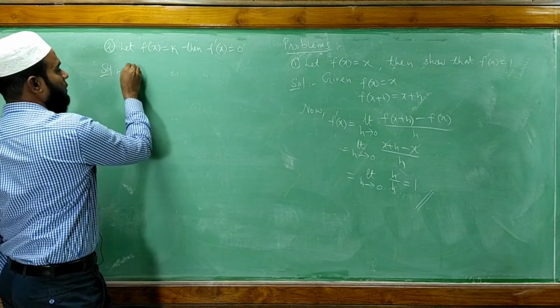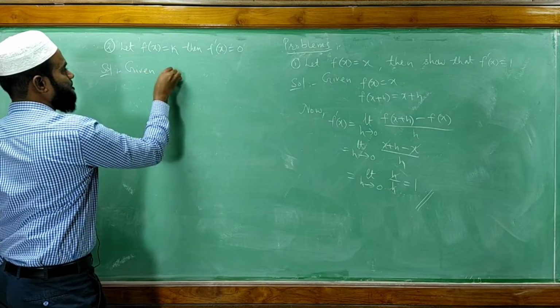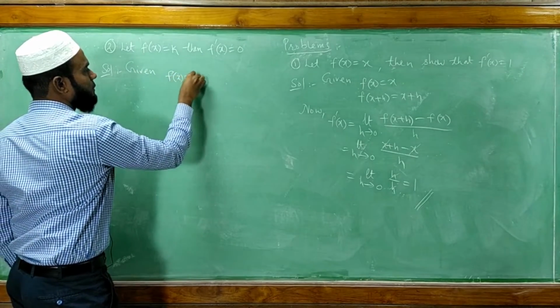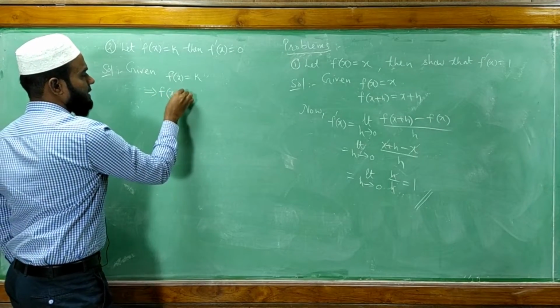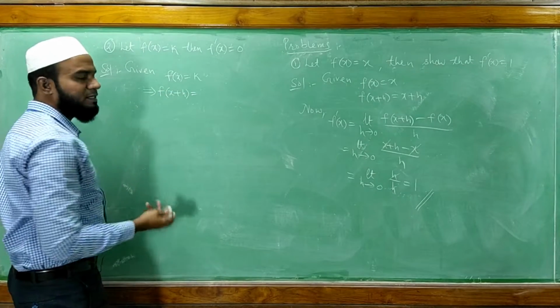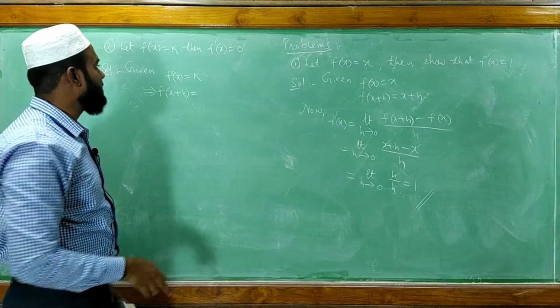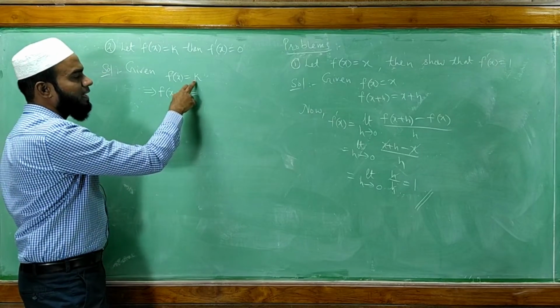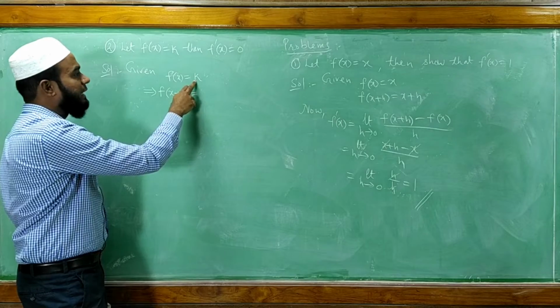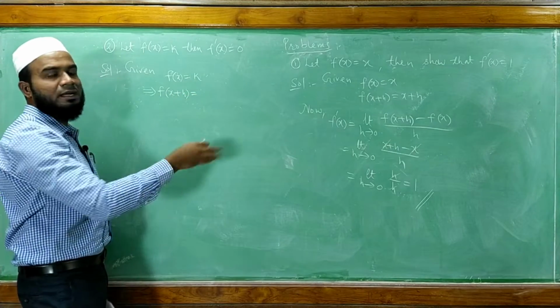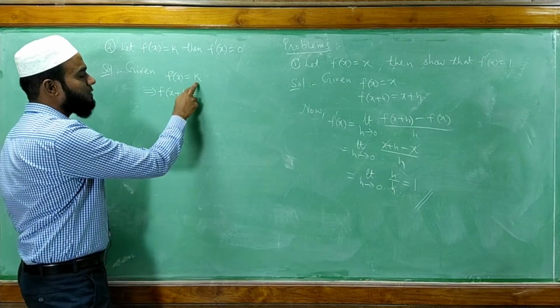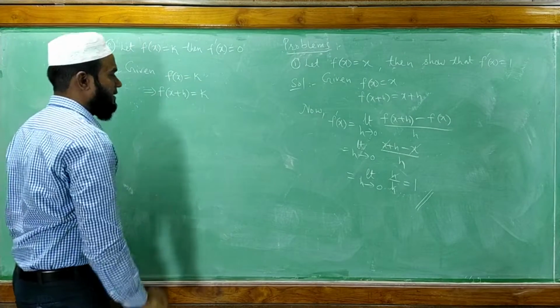So given f of x equals k, this implies f of x plus h. Wherever x is there, we have to put x plus h. Here k is there, there is no x here. If x is there, then we have to write x plus h, other terms as it is. But here there is no x, so k as it is, right?